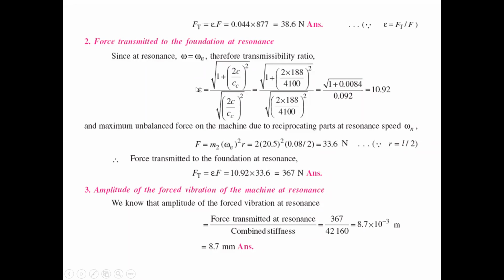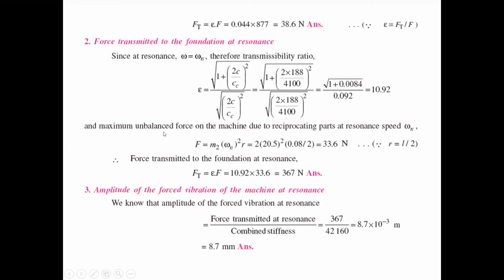When we substitute ω equals ωn in the main equation, it becomes square root of 1 plus (2c/cc) whole square, by square root of (2c/cc) whole square. In this, c is known and cc is known, so just substitute the values. Then the transmissibility ratio becomes 10.92.